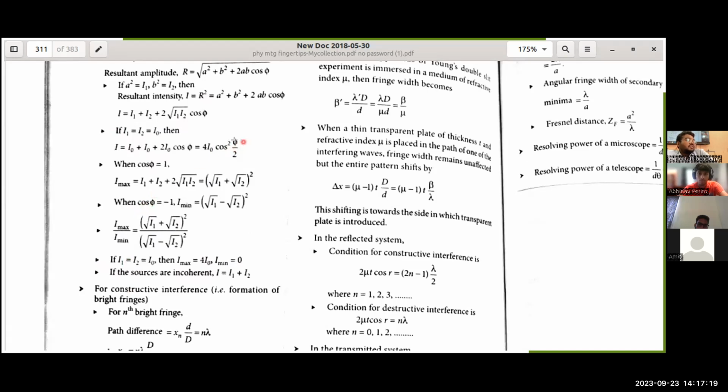Now write, when cos phi is -1, in the formula we wrote in yellow today, it will be I1 plus I2 minus 2 root I1 I2. Write when cos phi is -1.